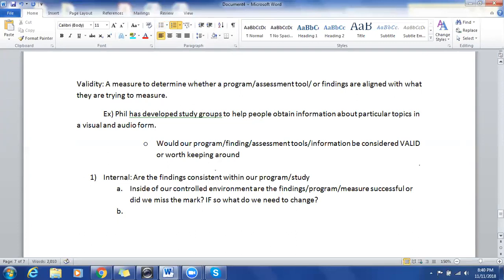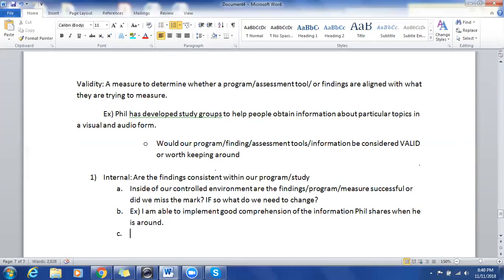And an example of this is, and we'll allude back to my study groups, I'm able to implement good comprehension of the information Phil shares when he is around. So when you guys are in my study group, you're understanding it.